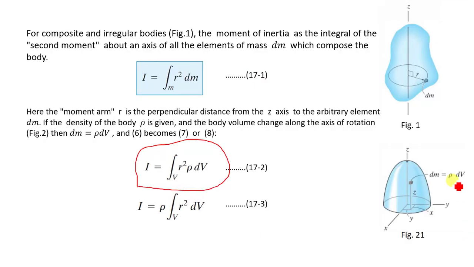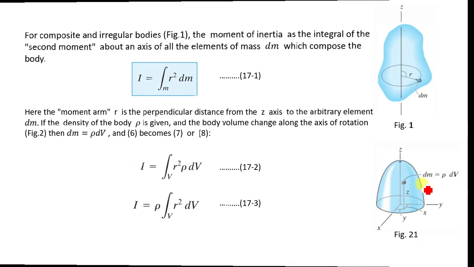So this is what we are talking about. You choose this arbitrary element dm, and we found that dm can also be written as rho dv. These x and y are just showing the position on the x, y, z plane.